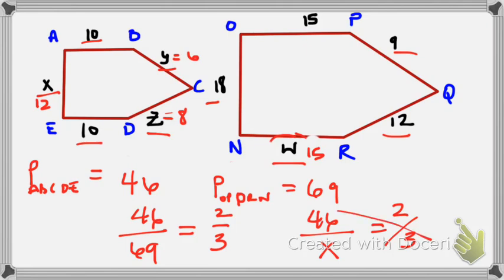And there I could have cross multiplied, and I would have had 3 times 46. Got 138, and 138 divided by 2 is 69. So I would have been able to figure that out using cross multiply and divide as well. Either way is fine. You just have to figure out, depending on the problem, which scenario will be quickest and easiest for you to use.